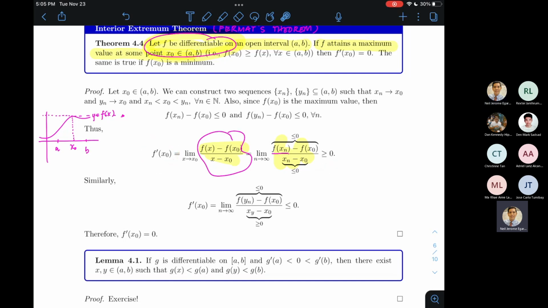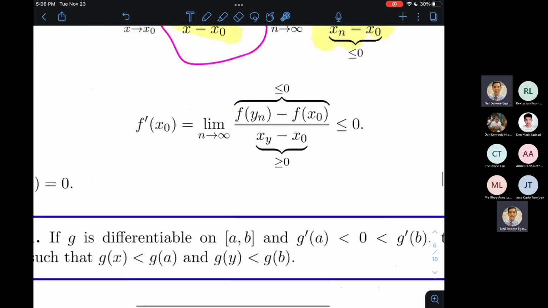But on the flip side, okay, pag tinignan naman natin using the sequence y sub n, pag kinuha natin yung difference quotient dun sa taas, okay, para dun sa derivative, makikita natin ito ay negative pa rin, again, because f of x sub 0 is the maximum, but the derivative is positive.